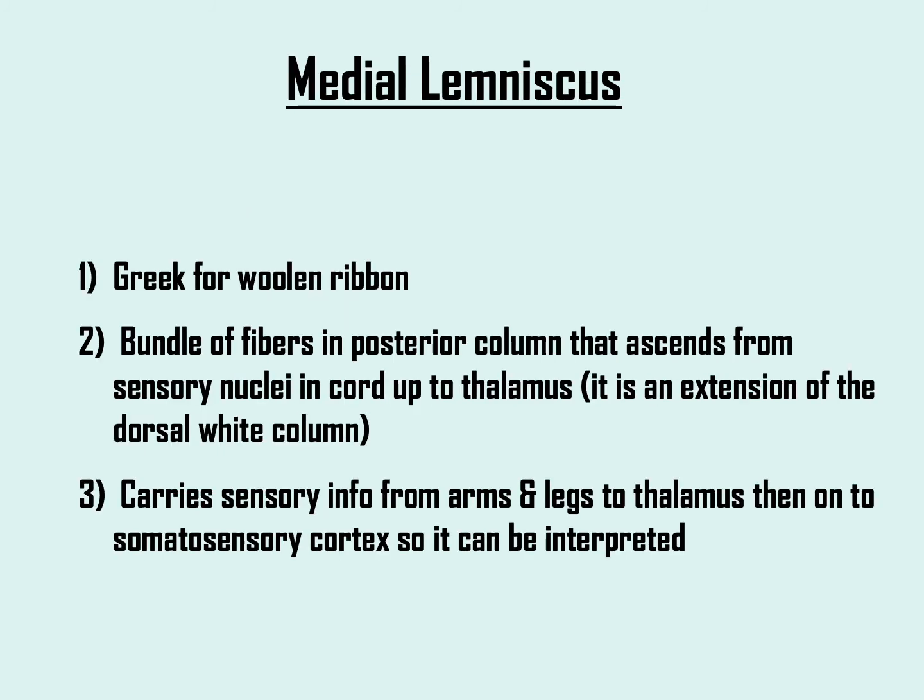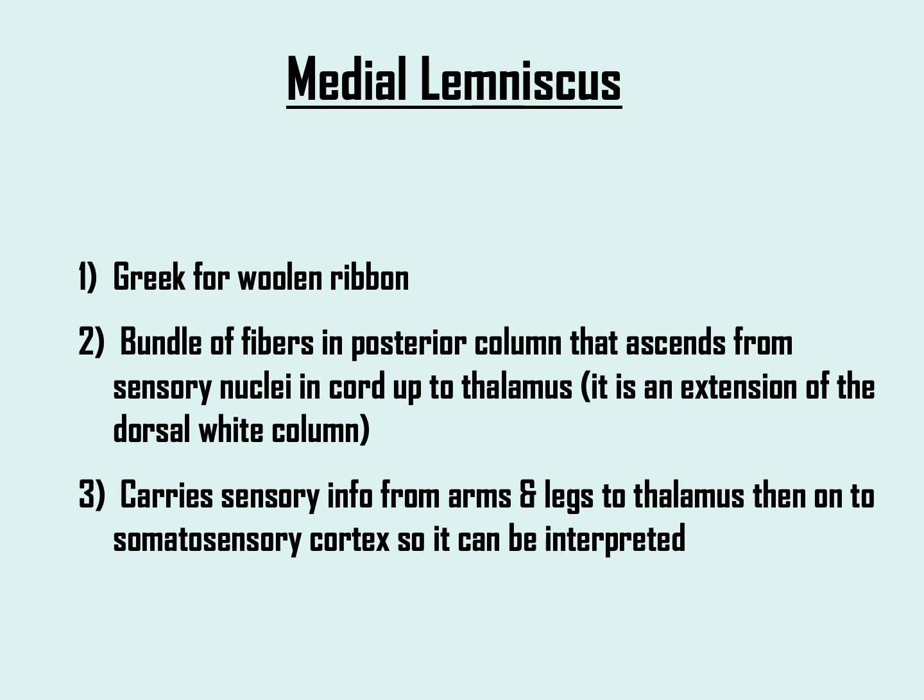Medial lemniscus, another really important part of our neural anatomy system. Now, lemniscus is a Greek word which means a woolen ribbon, and it has lots of other names, medial fillet, Reil's band, and Reil's ribbon. It's a bundle or a band of white nerve fibers in the posterior column, so in your spinal cord.